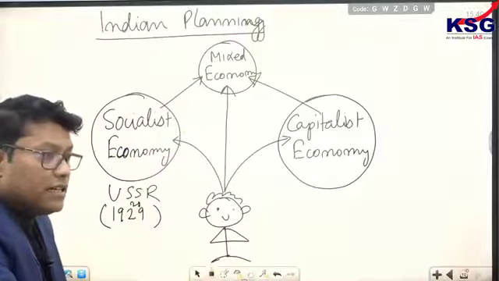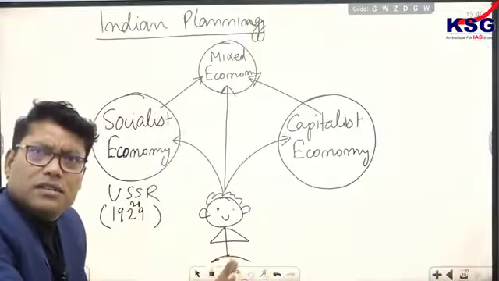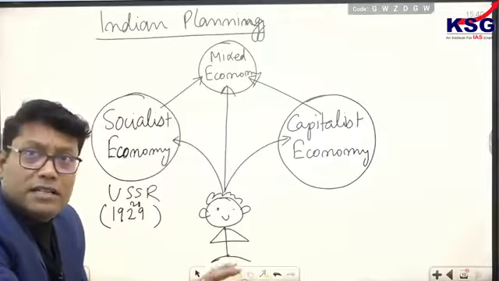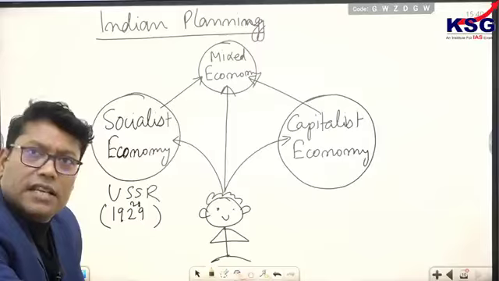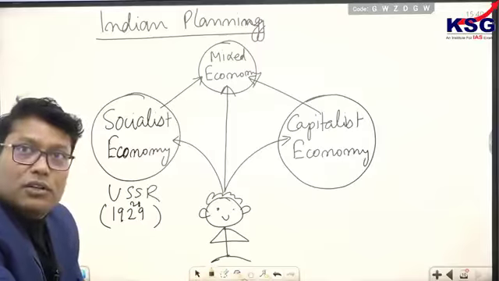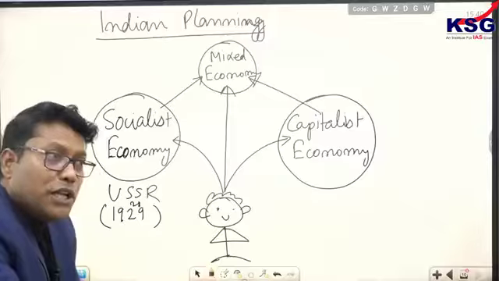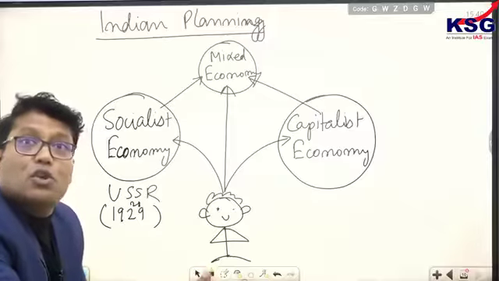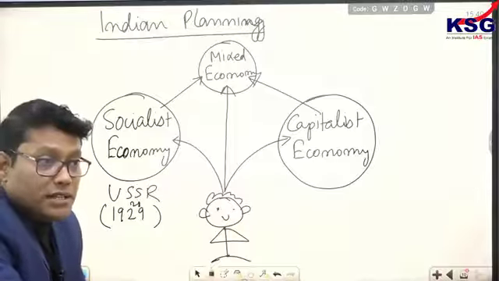Before economic reforms, most of the heavy industries were developed by the government, that is under PSUs, and in all the major areas the government was deciding. But after 1991, you are moving towards a capitalist, market economy. Most of the economic activities are being handed over to the private sector, and you are giving more space to private sectors to participate in the economy.